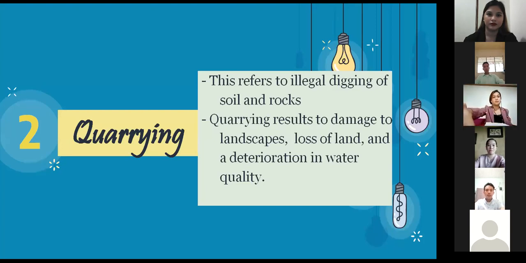So the next one is quarrying. This refers to the illegal digging of soil and rocks. Quarrying results in damage to the landscape, loss of lands, and a deterioration in water quality. Next slide.